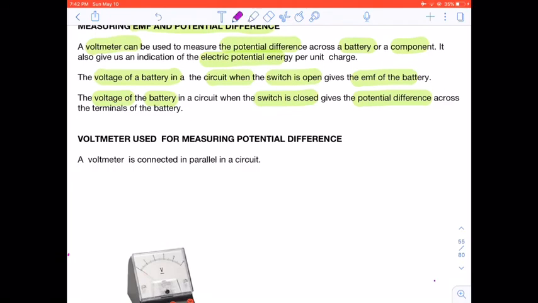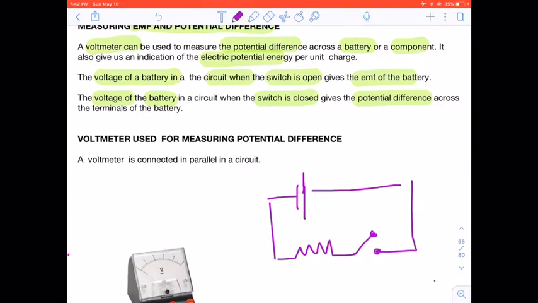Now if we look at this, let's say for instance we have that, and here we have a switch, like that.